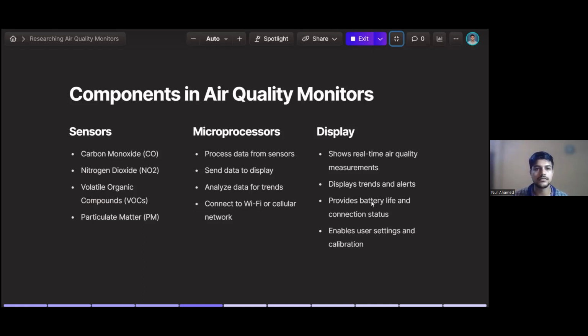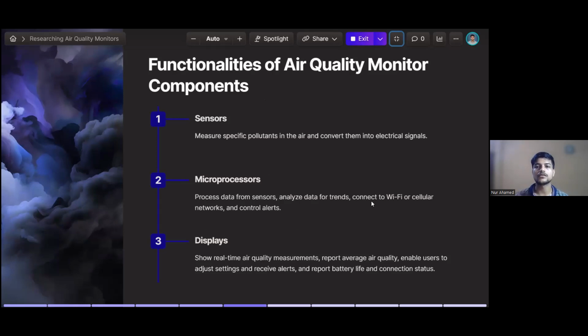Going to the next slide. Functionalities of air quality monitor components: sensors, microprocessor, and display. Sensors measure a specific pollutant in the air and convert it into an electrical signal. This signal is then processed by the microprocessor and transmitted over Wi-Fi networks.